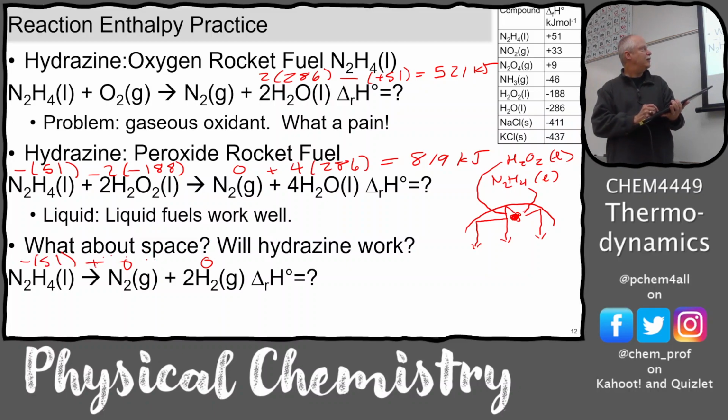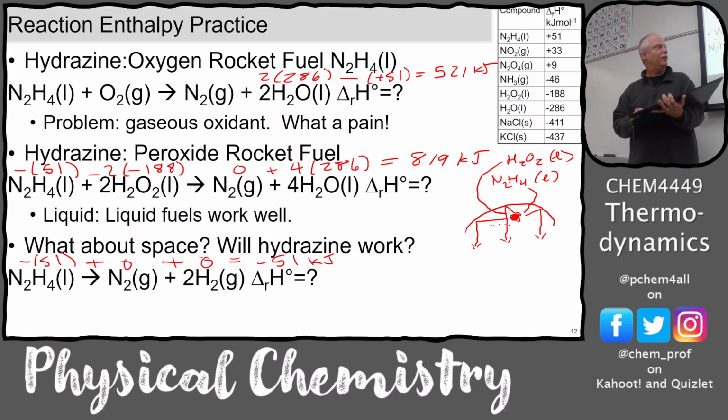So that equals minus 51 kilojoules. If we just spark the hydrazine in a parabola, it will decompose and make nitrogen and hydrogen, and will push things. And so that's what we have for our little positioning rockets.